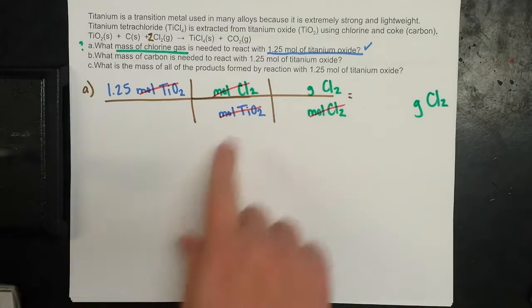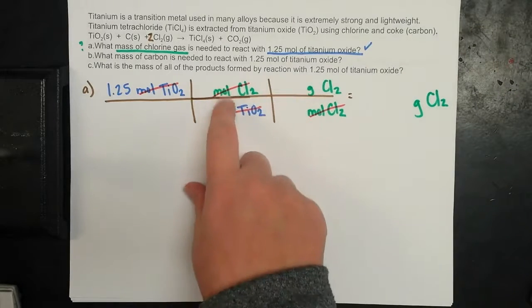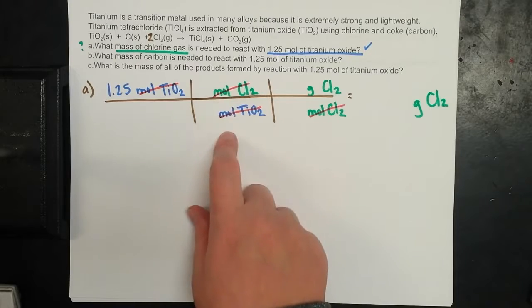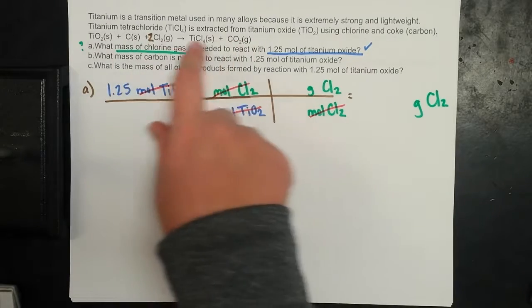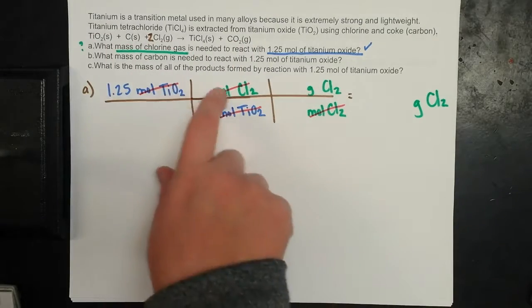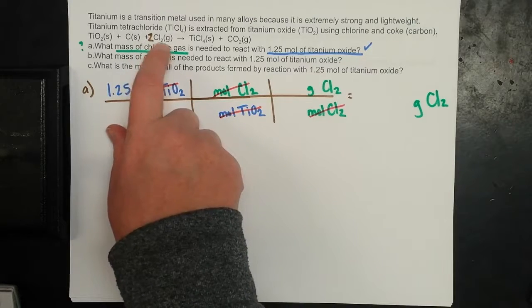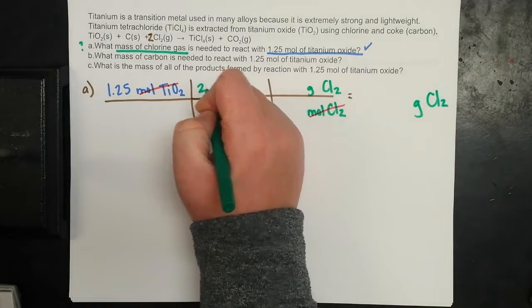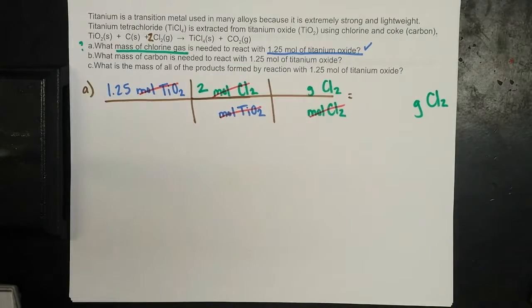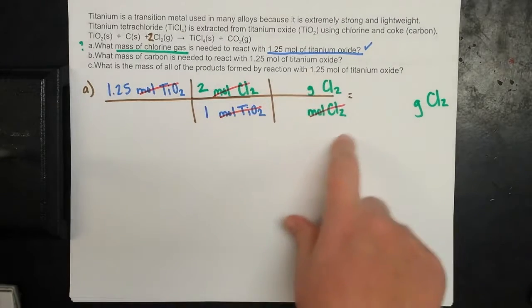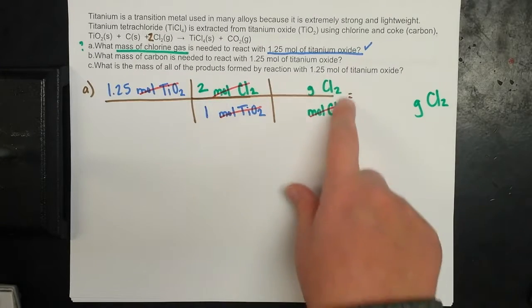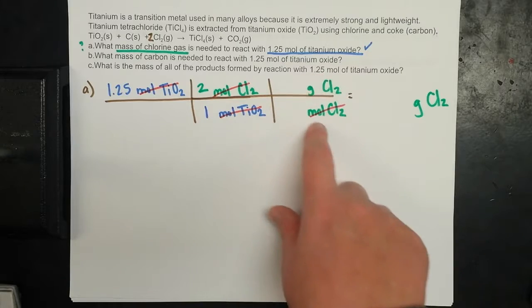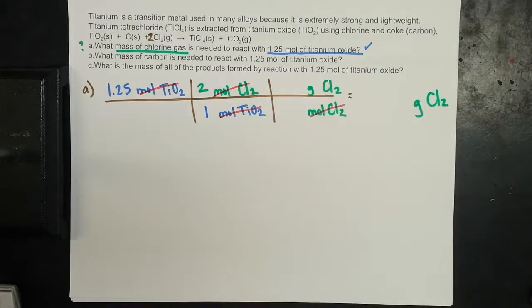Okay. I need to fill out my conversion factors. Here, my mole ratio I can get from the balanced chemical equation. I see here that there's 2 moles of Cl2 required to react with every 1 mole of titanium oxide. So I've got 2 moles chlorine for every 1 mole of titanium oxide. And right here, this is moles to mass, so I need to find the molar mass of chlorine. Okay.